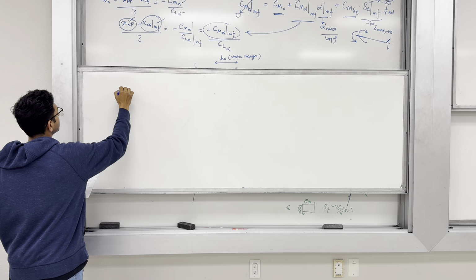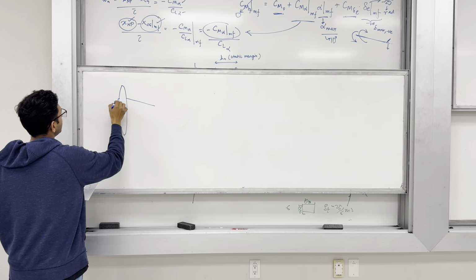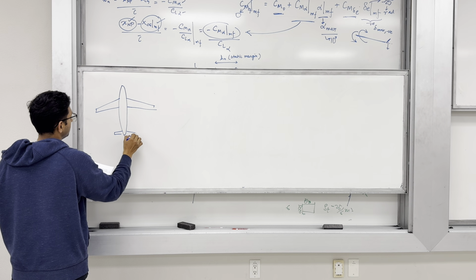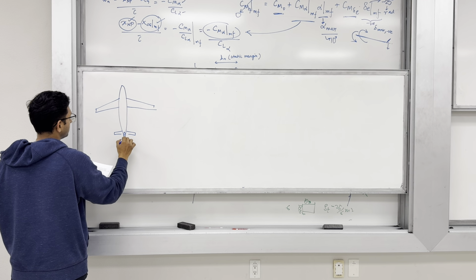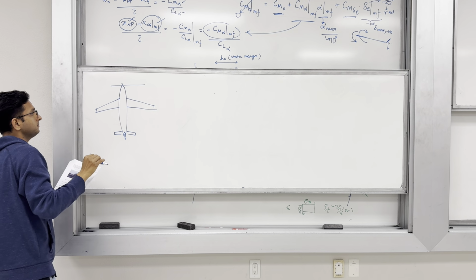So, what's the problem? There is an aircraft, it has wings, it has a horizontal tail and it has a vertical tail which has a rudder, and then it has a propeller here which is inducing.